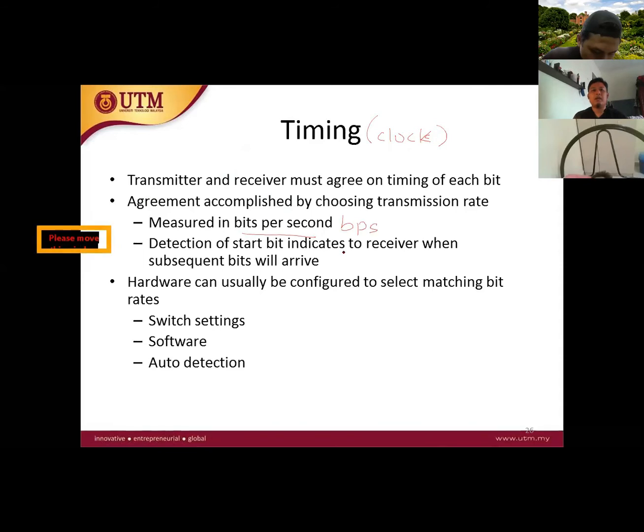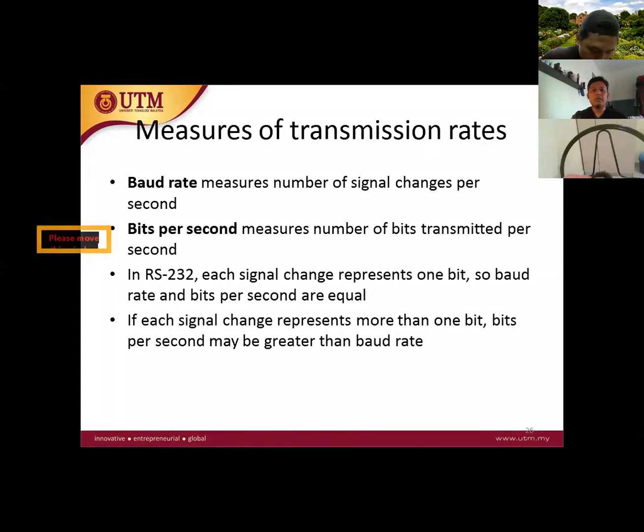Detection of the start bit indicates to the receiver when the subsequent bits will arrive, as I explained before. The hardware can usually be configured to select a matching bit rate by using a switch setting, software, or auto detection, which means using an extra circuit, but you don't have to worry about that. We're not going to discuss it in detail.